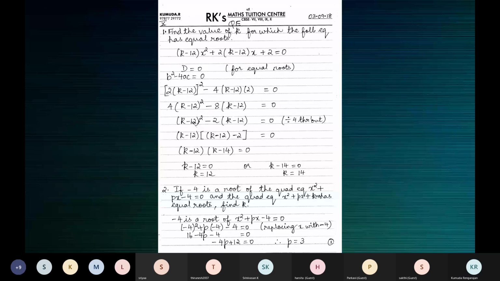Correct. Others? No, couldn't get. Others?